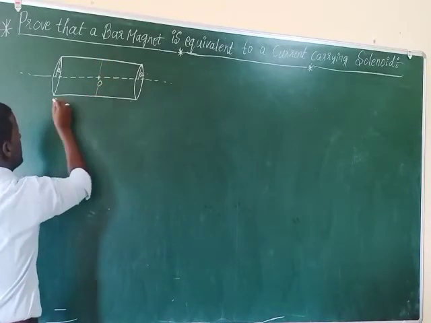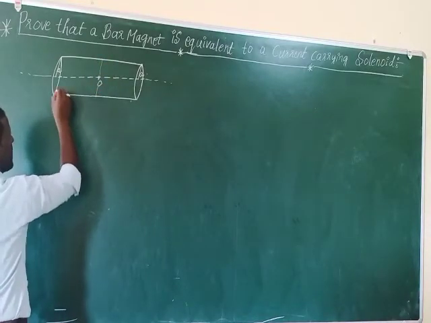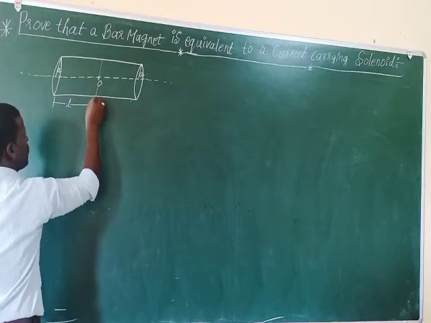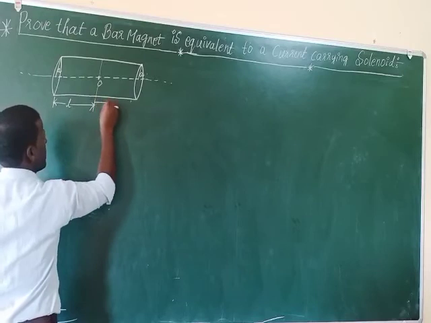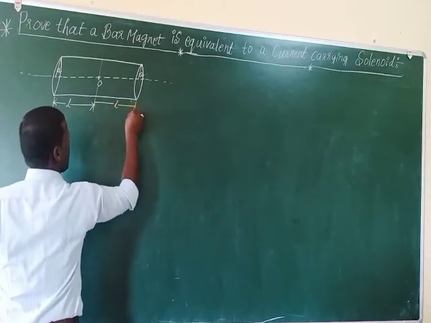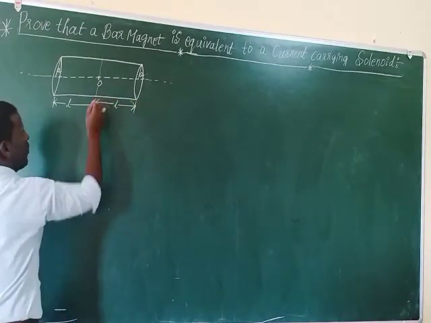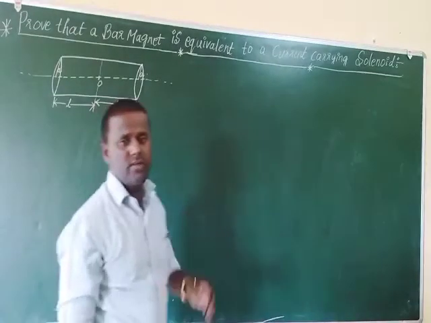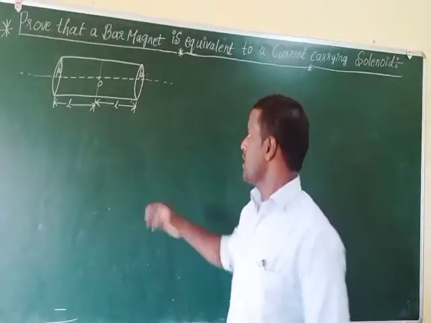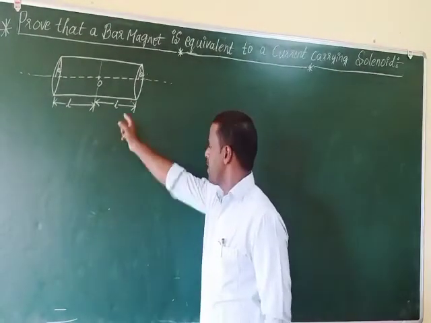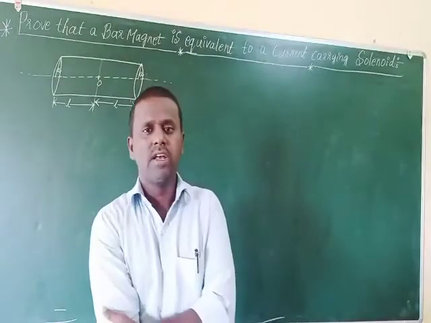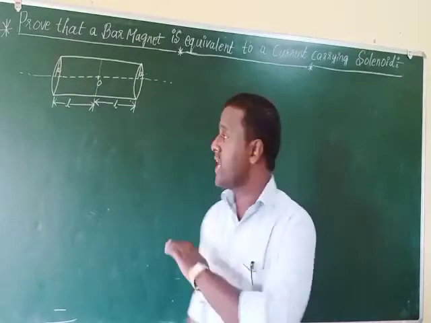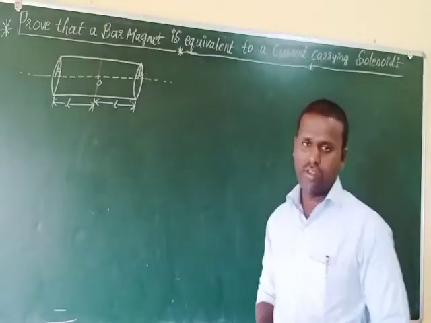The length from one end to the midpoint O is L, and from the midpoint to the other end is L. So what is the total length of the solenoid? The total length of the solenoid is L plus L, 2L. Small a is taken as the radius of the solenoid.